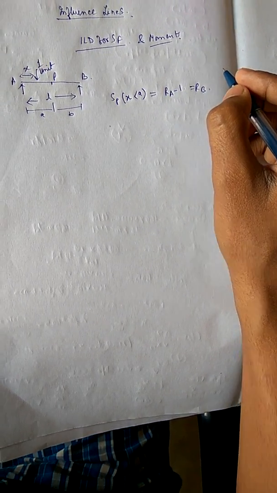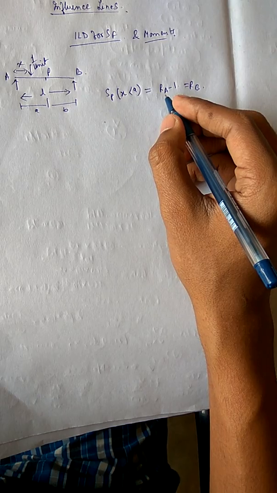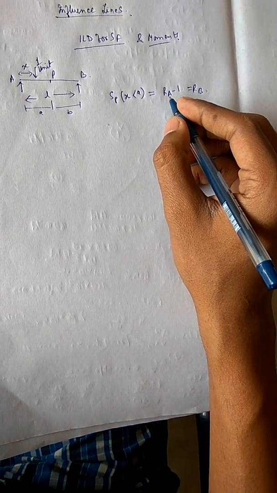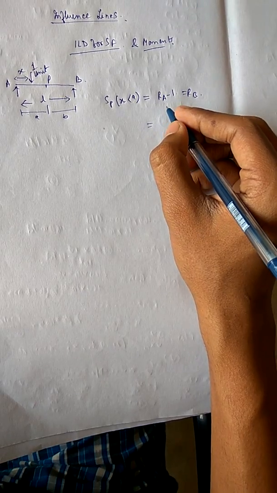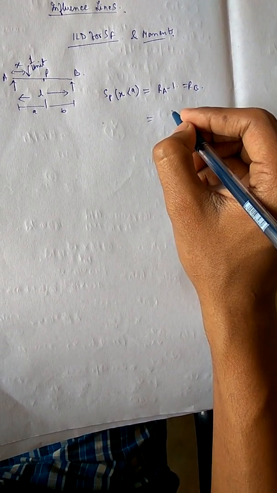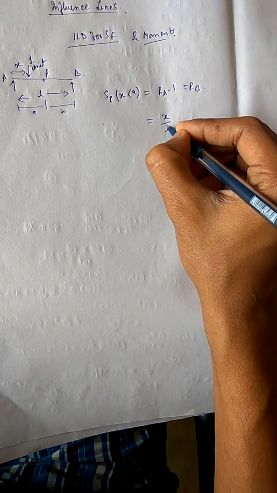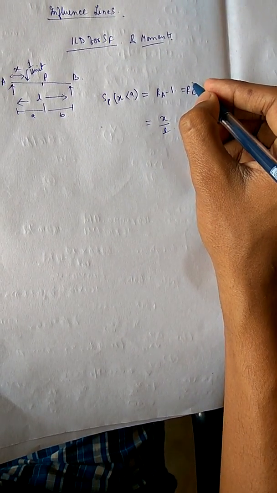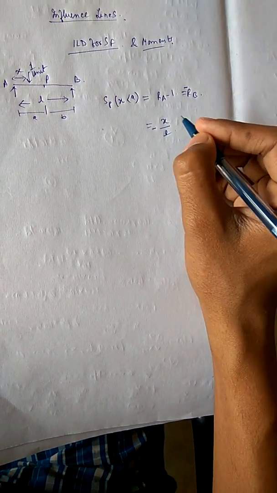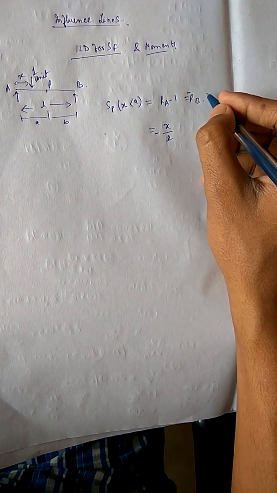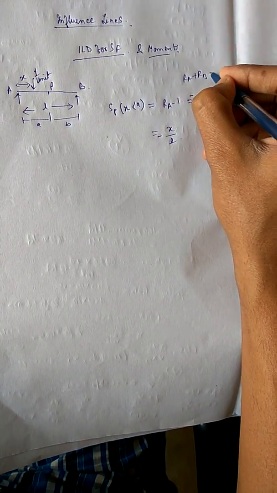And the value of RB, we had already calculated in our previous video. You can see from the previous video how to find the value of RB. The RB value is x by L, and RA minus 1 is minus RB, so it will be minus x by L, because RA plus RB equal to 1.